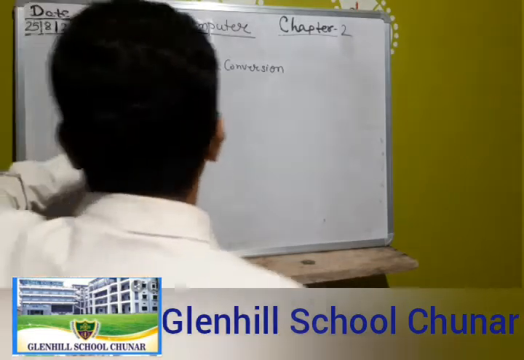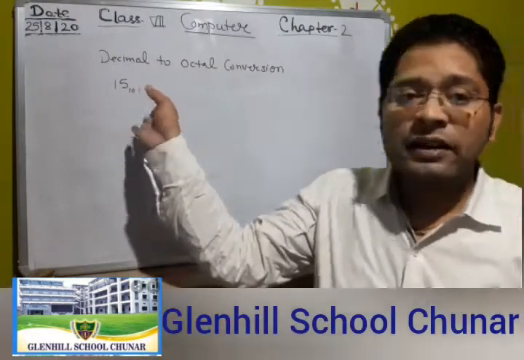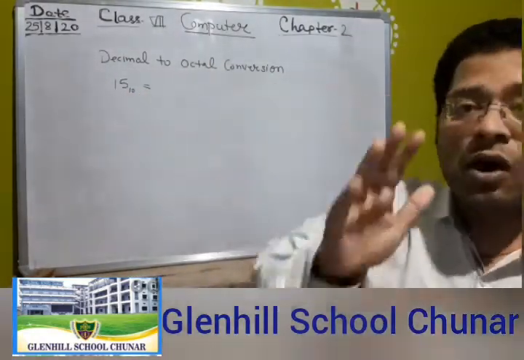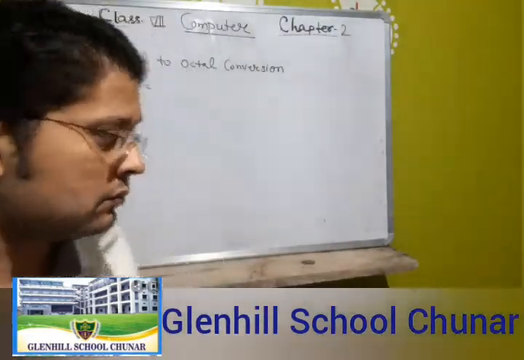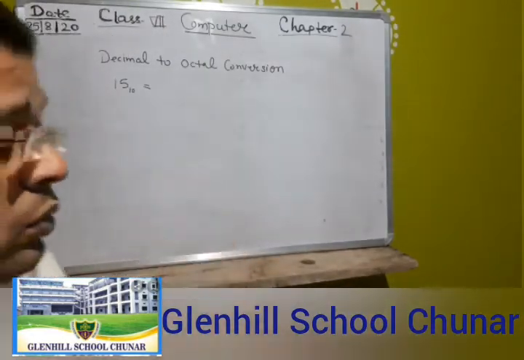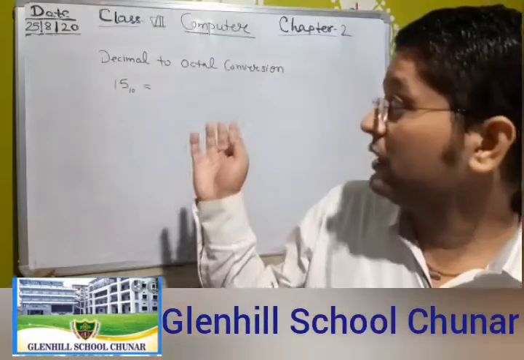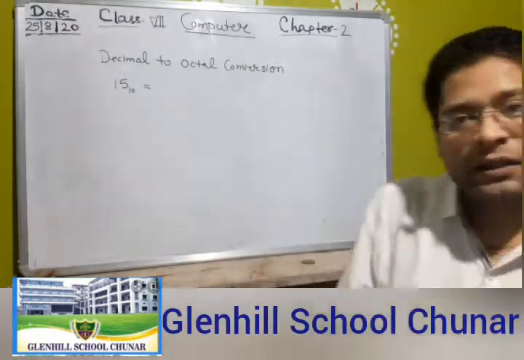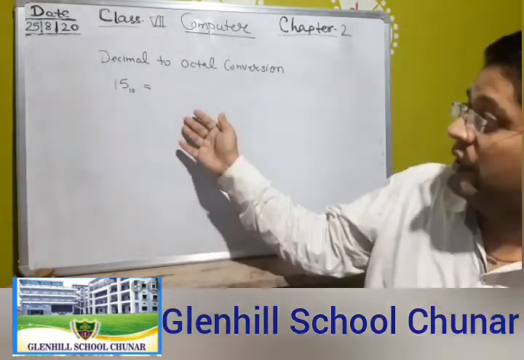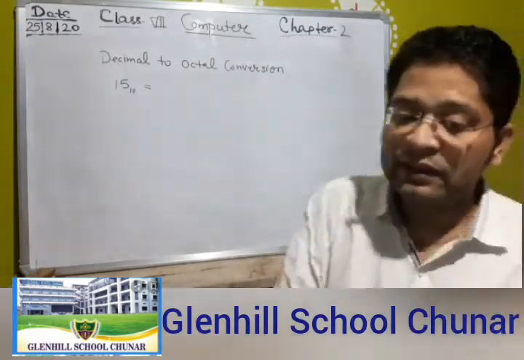So here we write 15 and under it write 10, which indicates the decimal number, and convert it to an octal number. To convert a decimal number into its octal equivalent, the same procedure is adopted as decimal to binary, but here the decimal number is divided by 8, not 2.